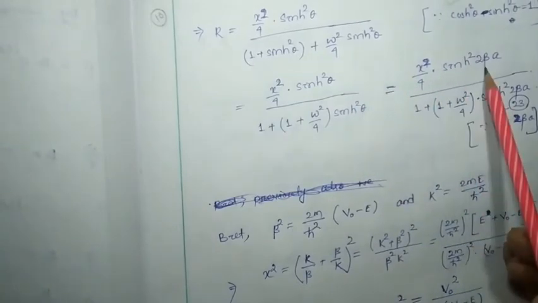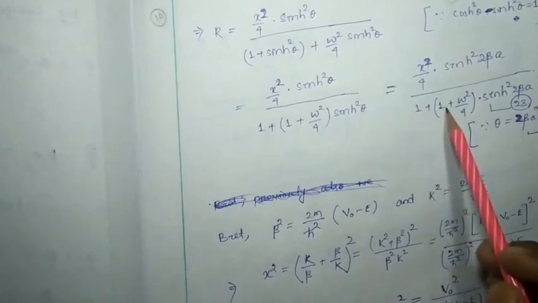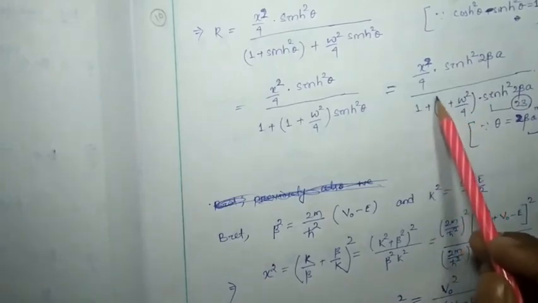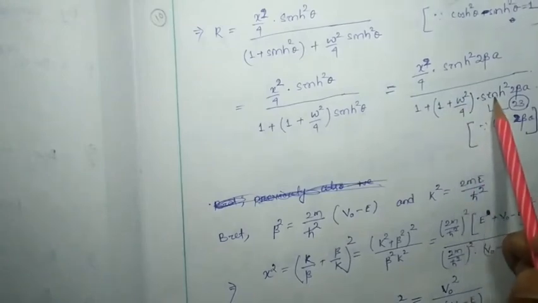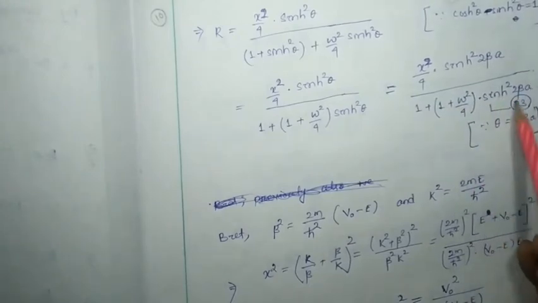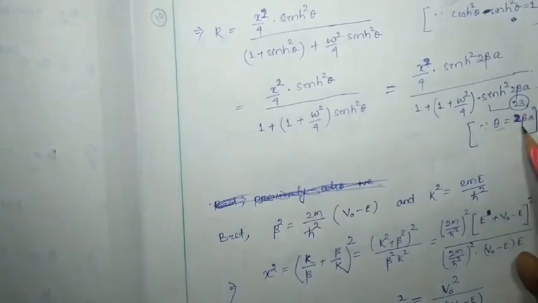Here we have to put 2βa instead of θ, divided by, in circular brackets, 1 + (ω²/4) sinh² 2βa. Let this be equation number 23. Here we substituted θ as 2βa.